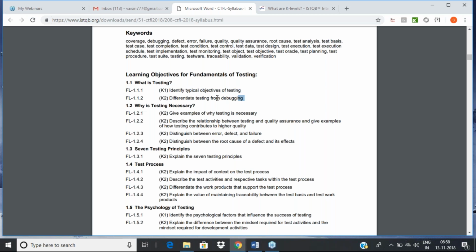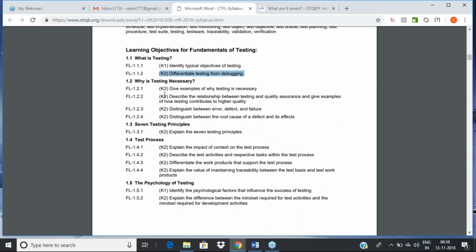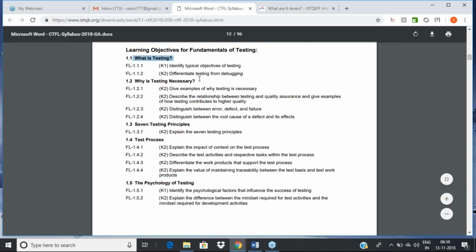Whereas differentiate testing from debugging, when we go through it, you will get only K2 type of questions. So in a way, if you look at the whole first chapter, there is no K3 type of questions. It's only K1 and K2. So they'll give you that categorization as well. So the first chapter is all about what is testing, why testing is necessary, the 7 testing principles, test process, and the psychology of testing.